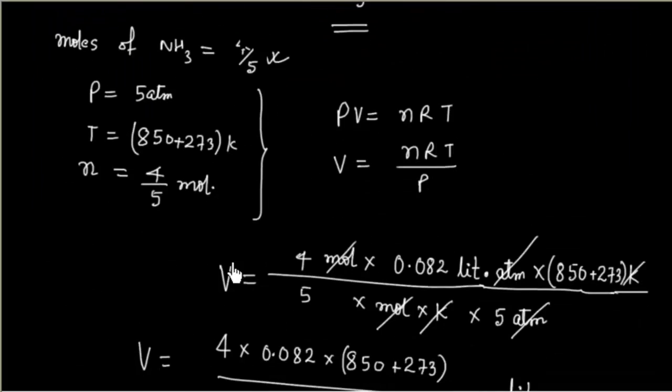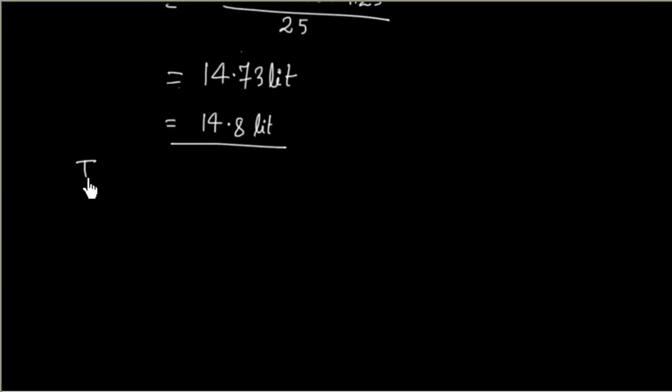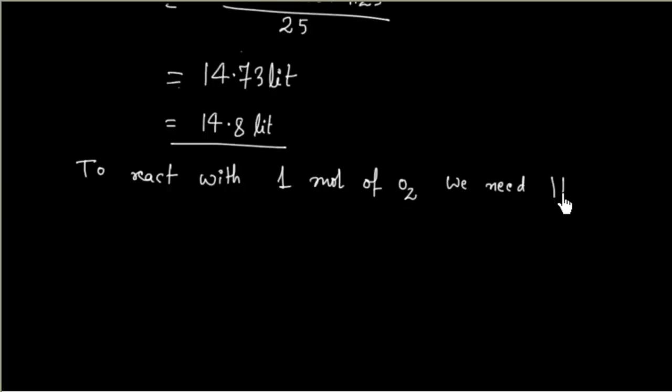So I can say to react with 1 mole of oxygen, we need 14.8 liter of ammonia at the given condition, and the condition is the pressure and temperature that are given.